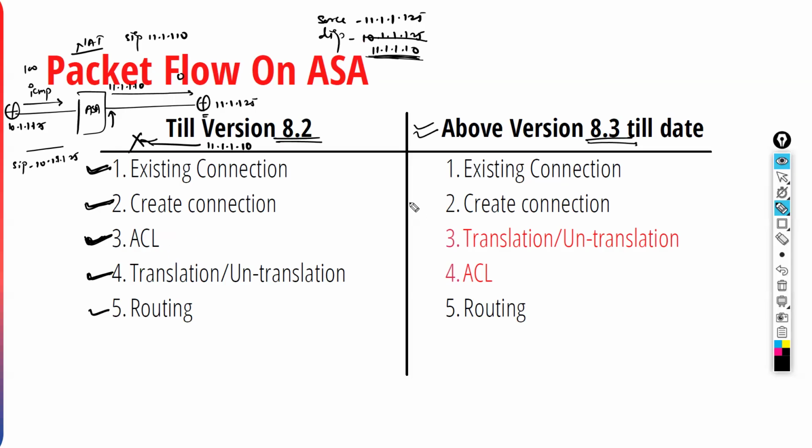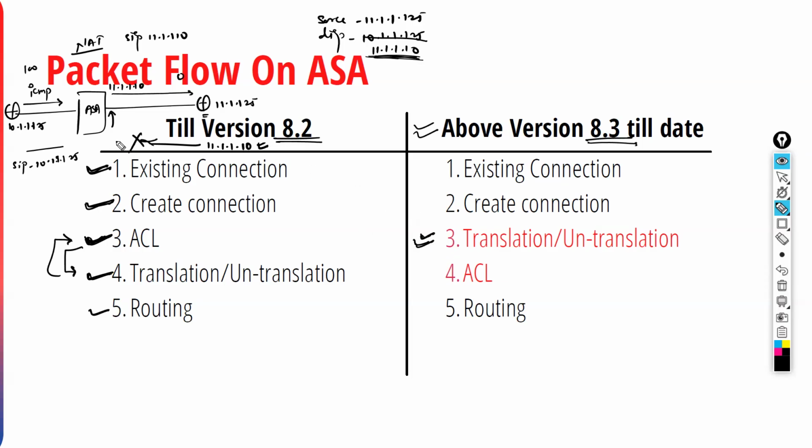And that is the reason that in the newer version, these entries were shuffled. So now your translation is checked first. If this IP address is coming, your ASA will first check the NAT: is there any untranslation to be done?